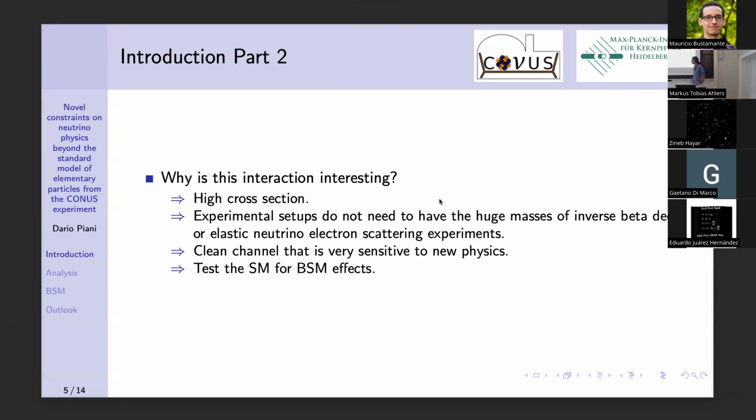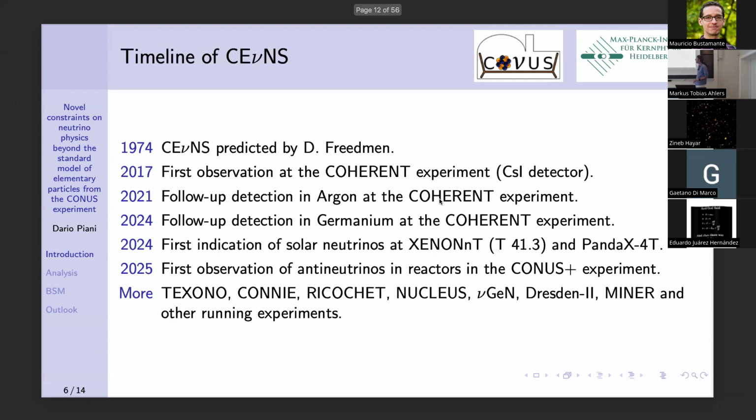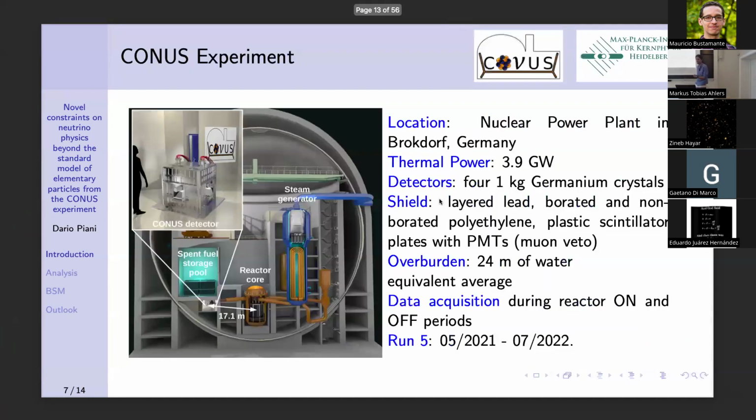Also, it offers a very clean channel for new physics testing, especially beyond the standard model effects, as we will see in a moment. Here is a very short timeline of the CEvNS prediction and detection. It was first predicted in 74, but it would have to wait till 2017 for the first detection in the COHERENT experiment, and till 2025 for the first detection at a nuclear reactor by the CONUS experiment.